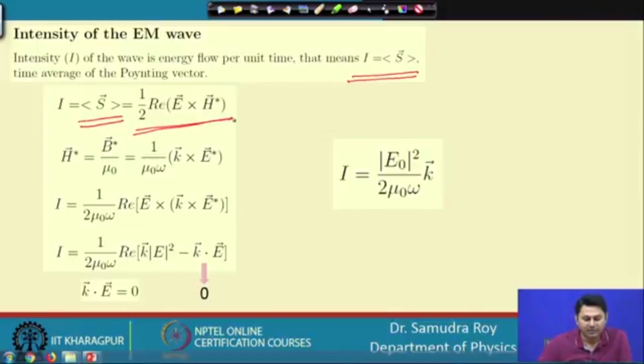E and H may be complex quantities with complex amplitudes, but when I make H star, then we can make the entire thing real.